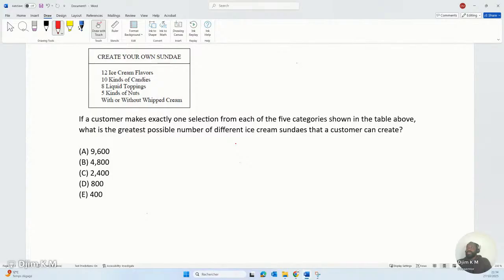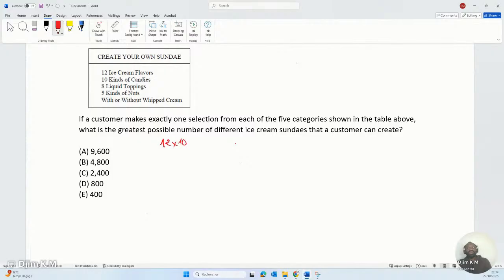exactly one. So that means that out of the ice cream flavors, it can have 12 different choices, because we have 12 here. So if you can choose one, you can choose one at a time. So you can have 12 different choices and you can combine that with 10 different choices of kinds of candies.